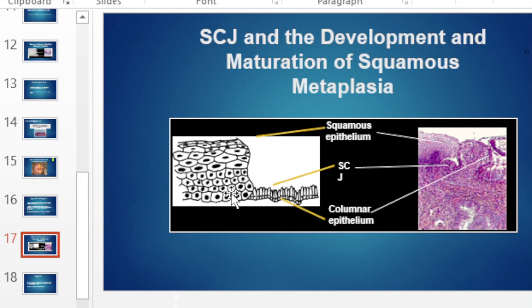So as a woman proceeds through life, and depending on the estrogenic status of the woman at that time, if she's pregnant, if she's on combined oral contraceptives, or if she's at menarche or at premenopause, there is replacement of these columnar cells by these squamous cells. So that process whereby these cells replace these cells is known as squamous metaplasia.